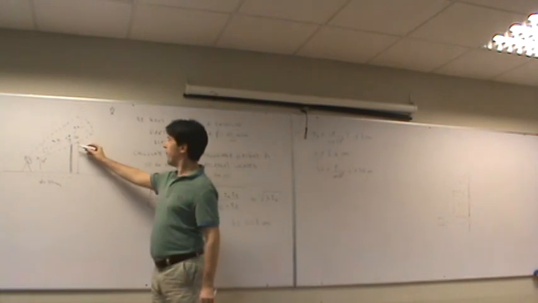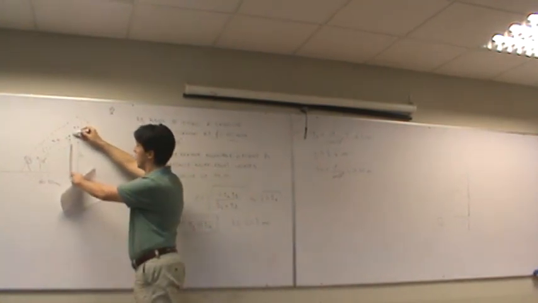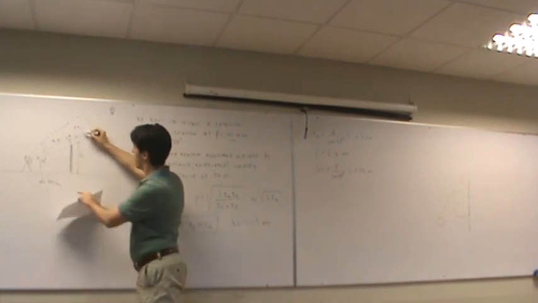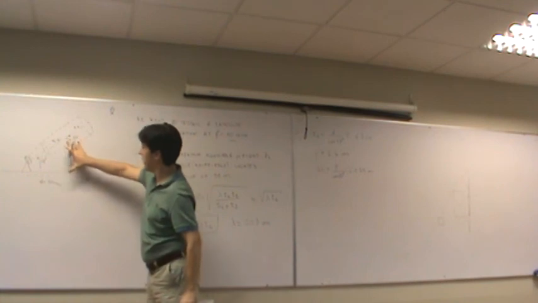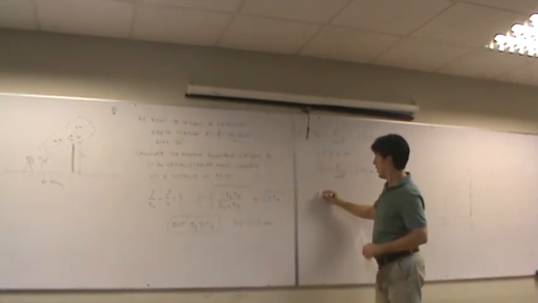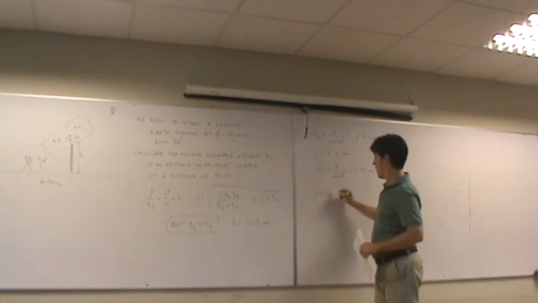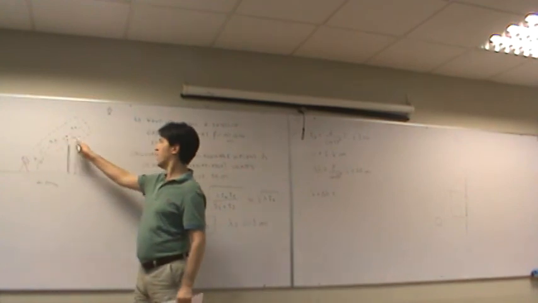So the maximum allowable height for your obstacle will be this length that again can be computed if you know the distance and the angle.